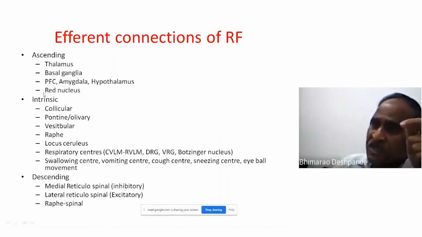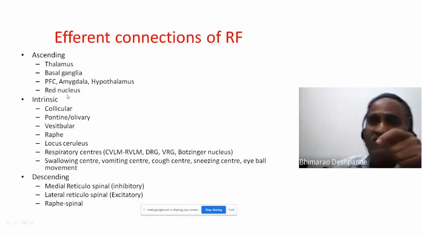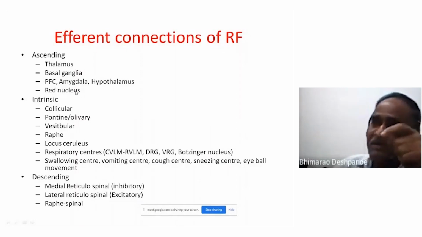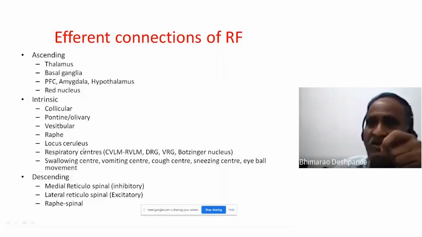Then it also gives projections to the red nucleus, the reticulorubral fibers. Now the intrinsic connections: collicular, pontine, and olivary, giving to the pontine nucleus and olivary nucleus, then to the vestibular nuclei, then to the raphe nucleus from the periaqueductal gray, then the locus coeruleus. Some of these connections are interconnected.